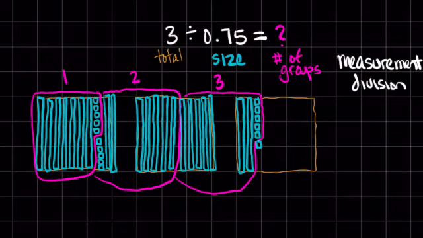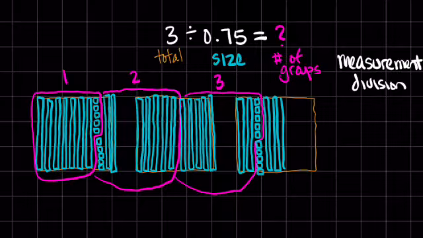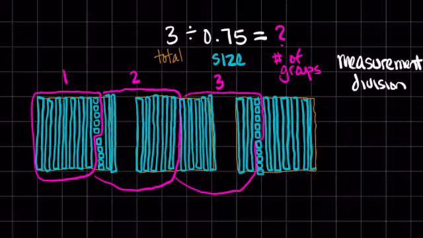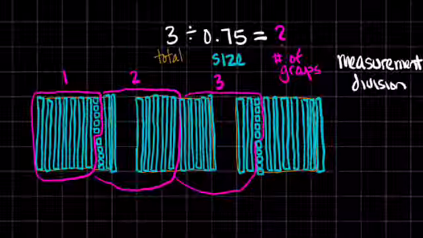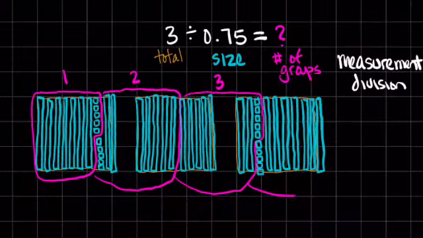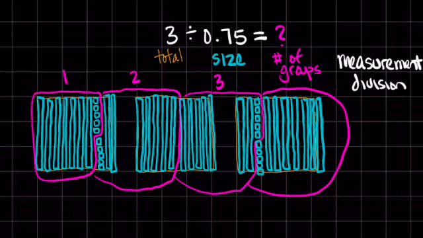All right, so we have 3, 4, 5 hundredths, and 1, 2, 3, 4, 5, 6, 7 more tenths. So I can make 4 whole groups.